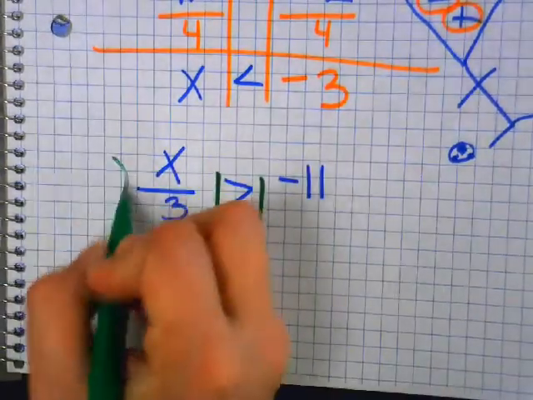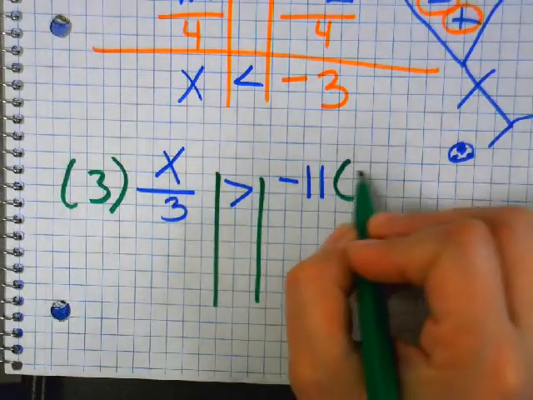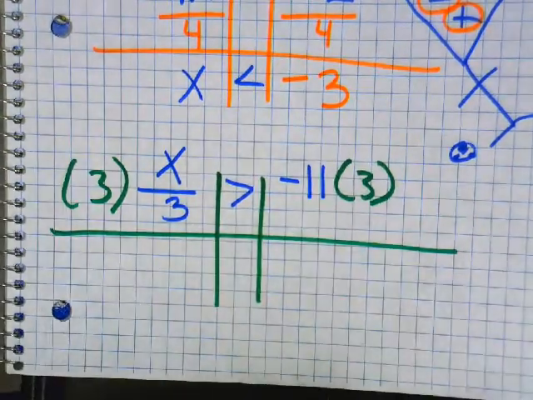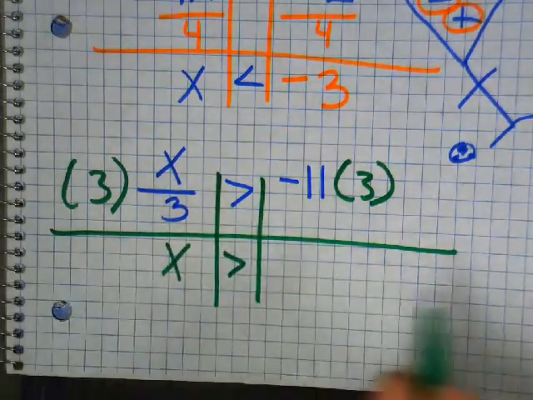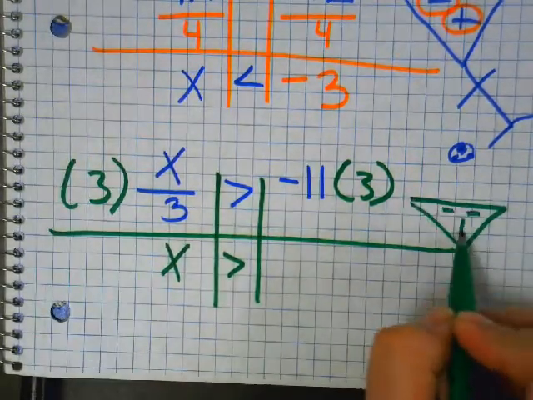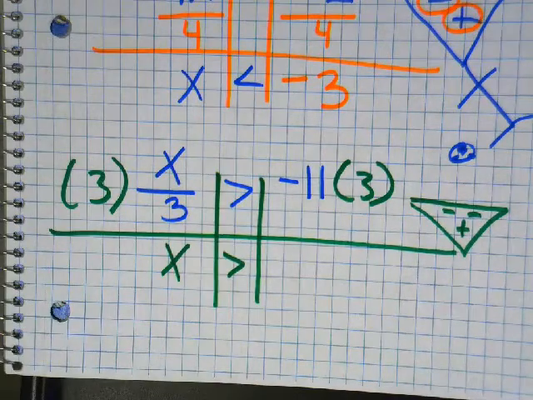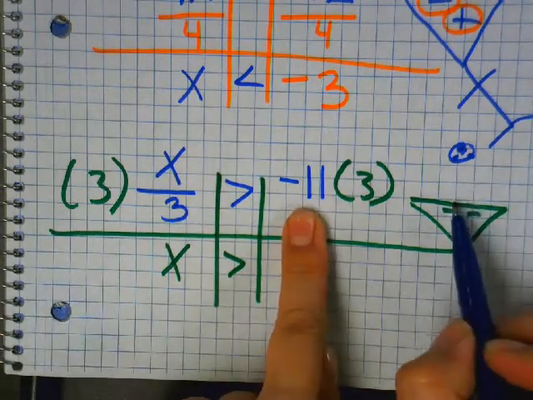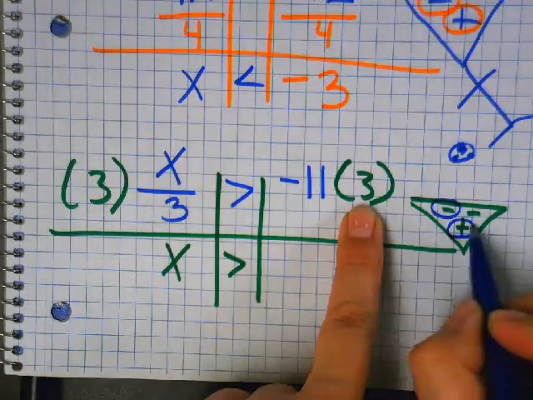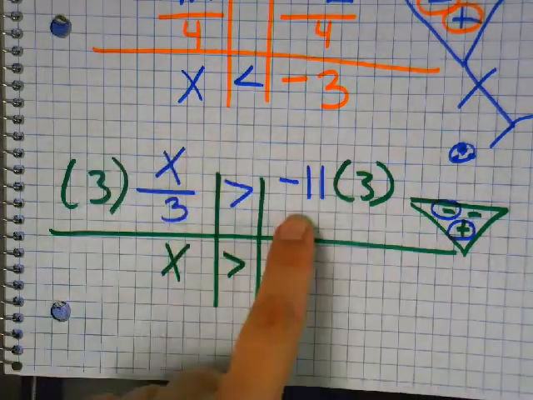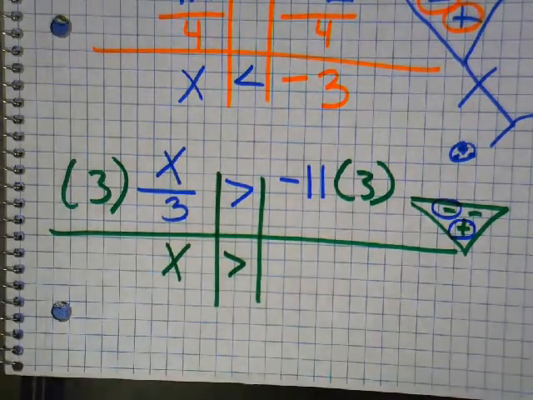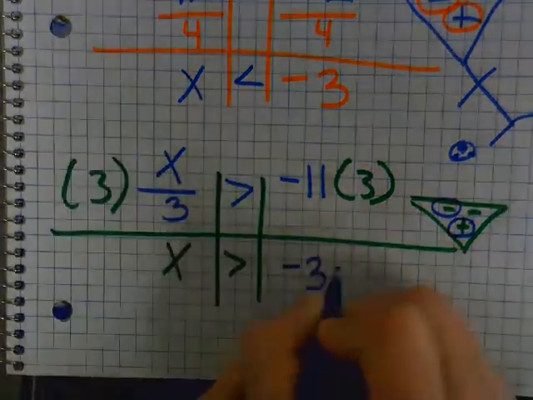We're going to multiply this side by 3 and this side by 3. x is greater than, Dorito Man if you need it. This is a negative. This is a positive. What am I left with? A negative. And what's 11 times 3? 33. So we have negative 33.